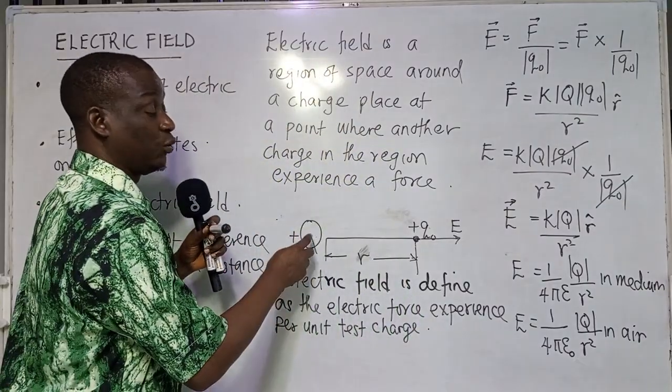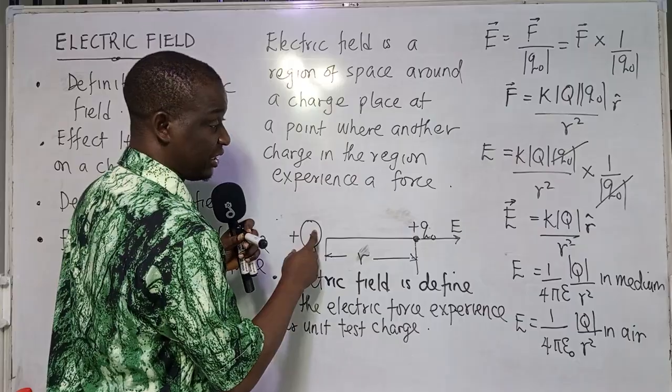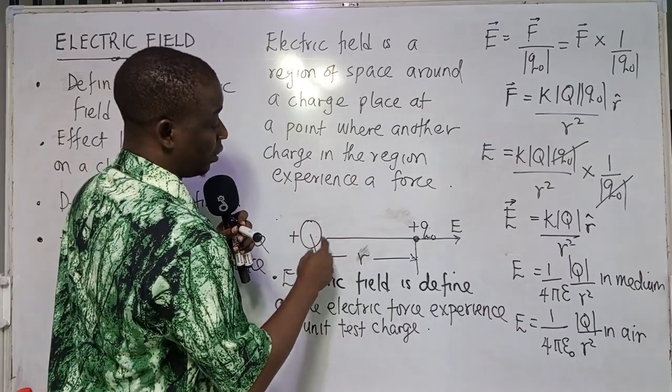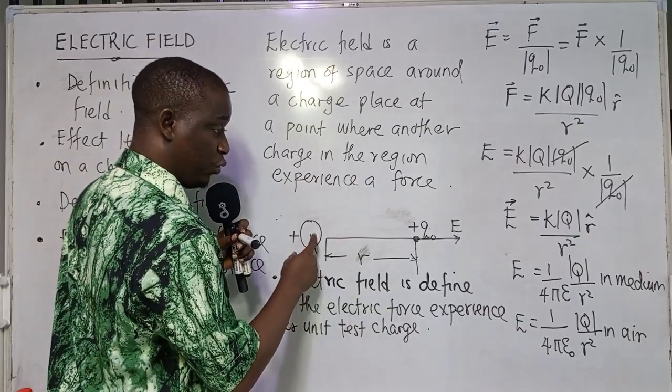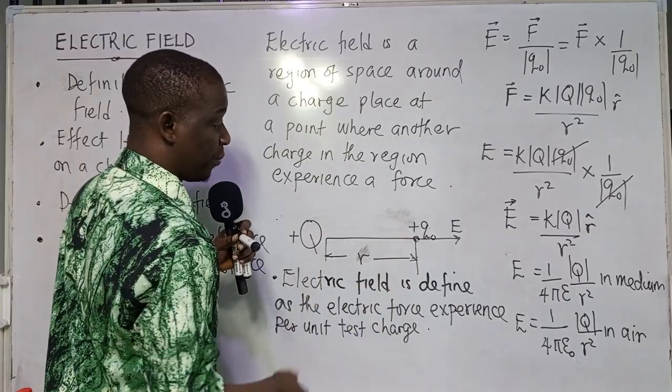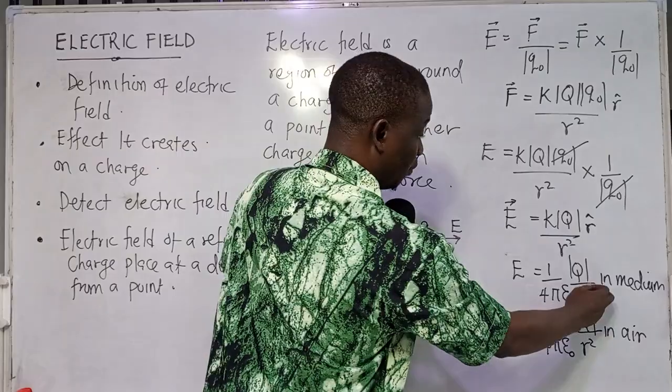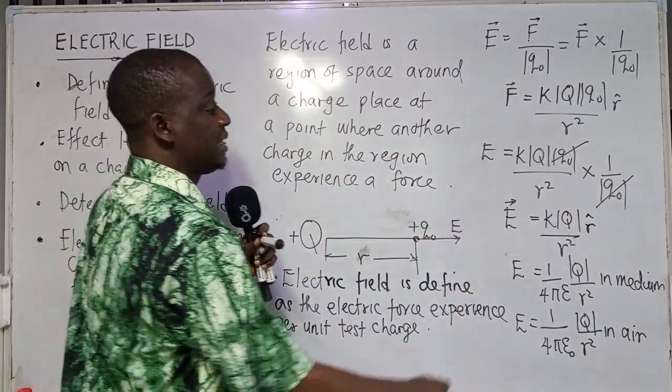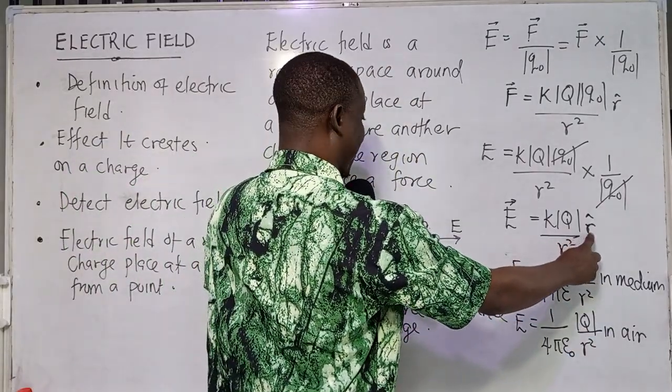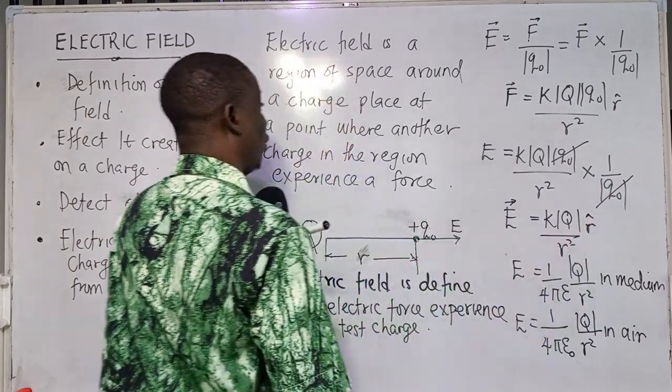What about if you want to calculate the field of a reference charge Q at a distance R from a point in a medium? You use this one. Now this one indicates magnitude and direction because this is a unit vector.